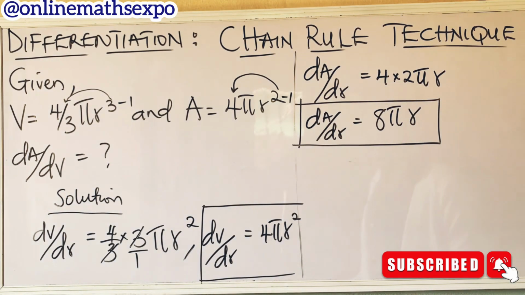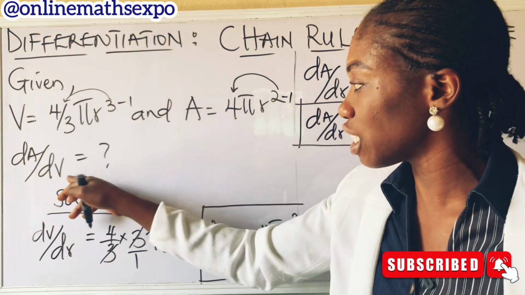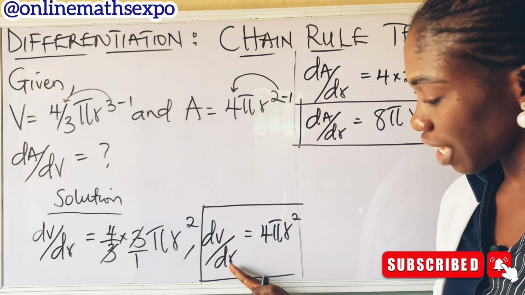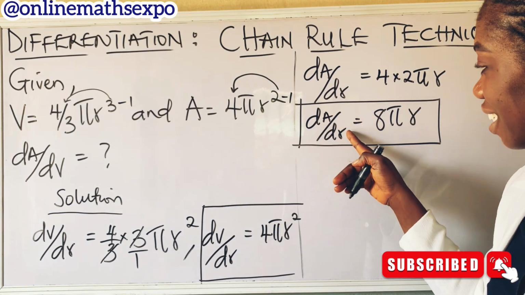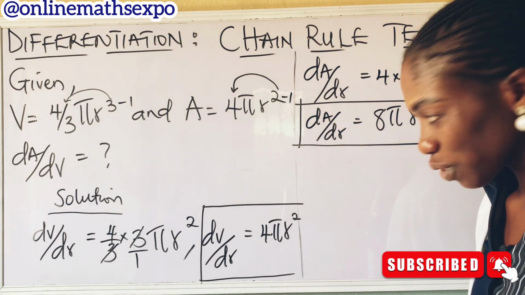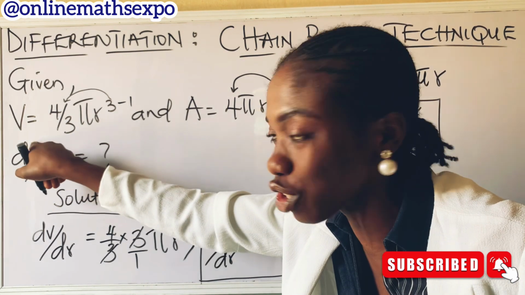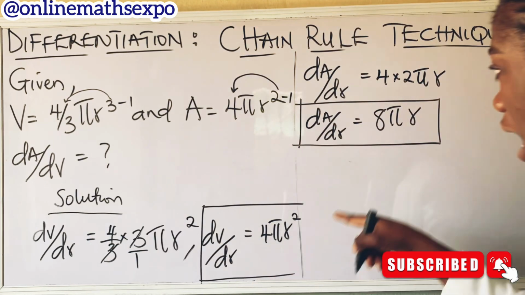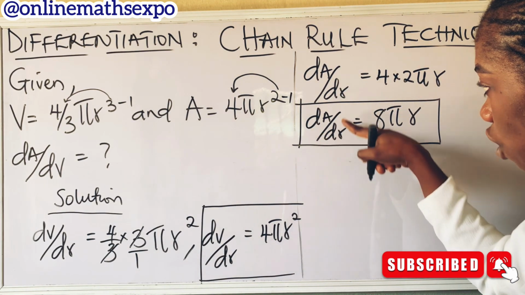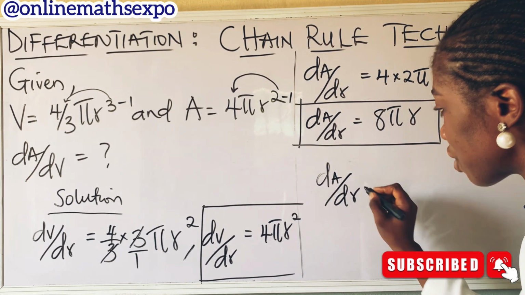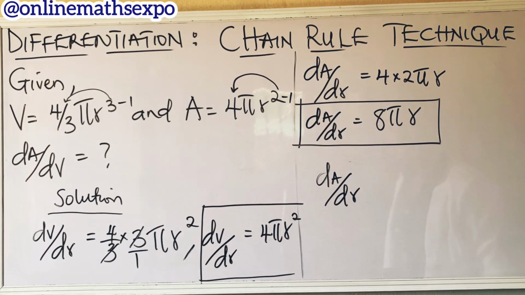If you want to find the ADV, considering these two, this one is the VDR and this one is the ADR. Because the A is on top, I'm going to take this first so that I will have the A, the R. I hope you are getting it.